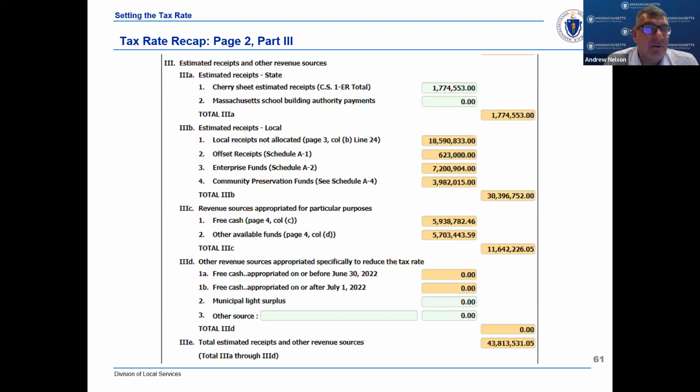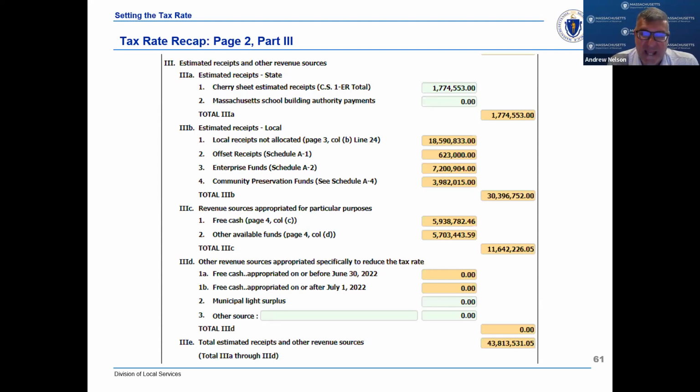The next section, 3B, is the estimated local receipts. That top line is what came from page 3, the numbers Tom covered, that 18.5 million that Tom talked about on page 3 of the recap. That's coming over from there. The ensuing lines in part 3, 3B, 2, 3, and 4, and then also 3C, 1 and 2, are the revenue side of those individual forms we went through earlier.